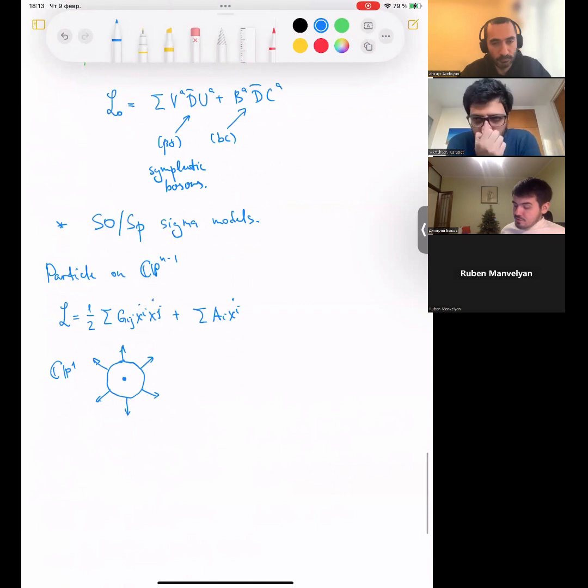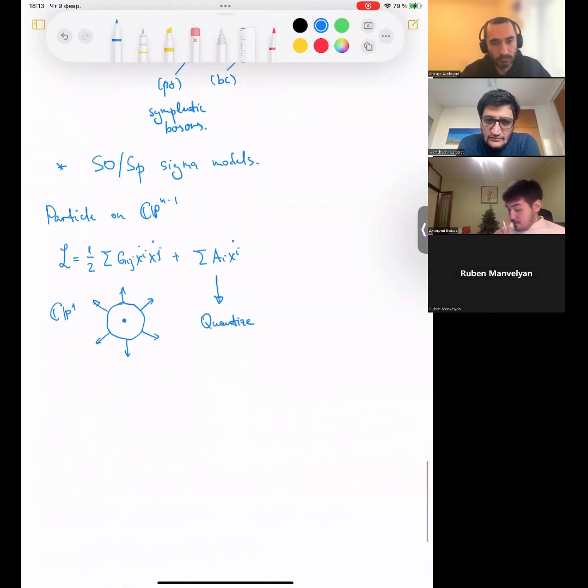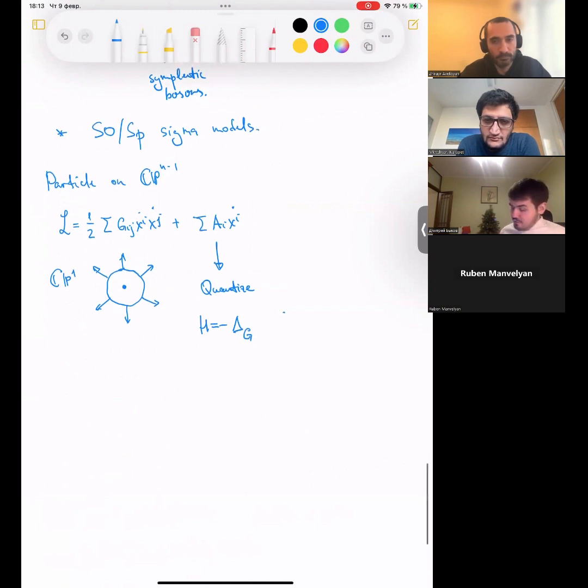Now, if you quantize this thing, without magnetic field, like I said, your Hamiltonian is minus the Laplacian, depending on your metric. With magnetic field, you get a generalized Laplacian, also called the Bochner Laplacian.